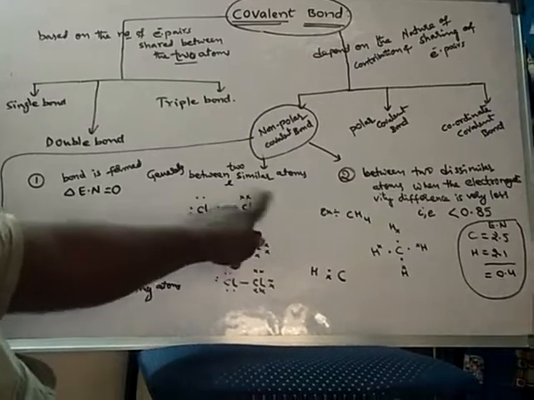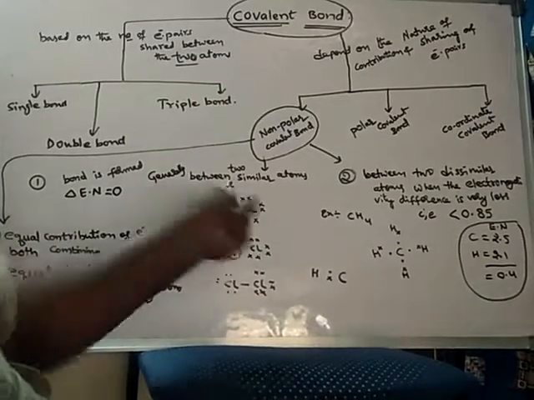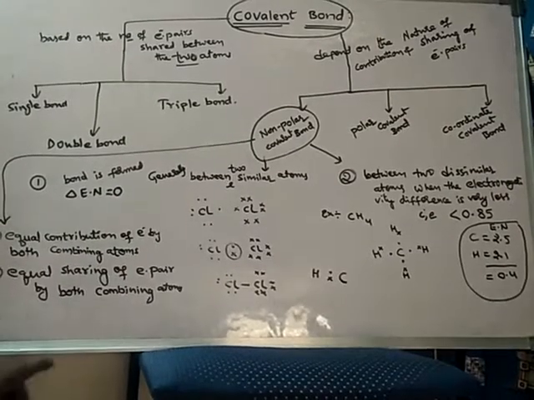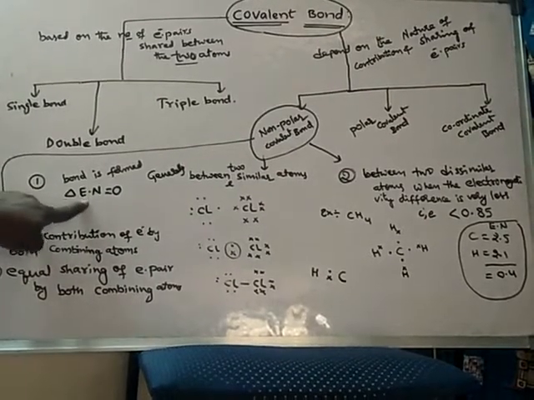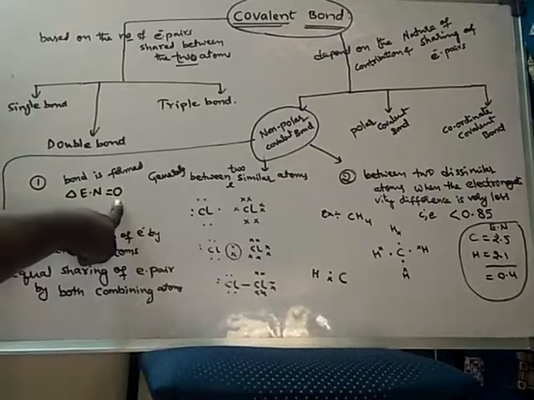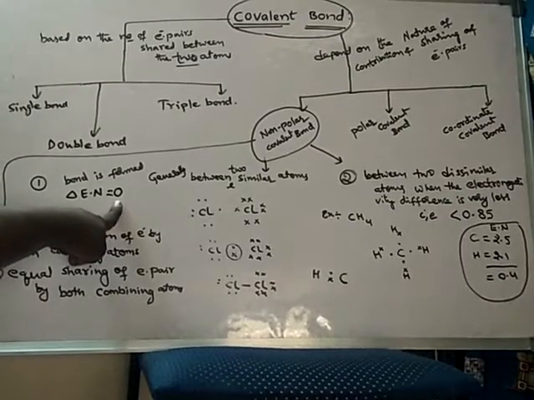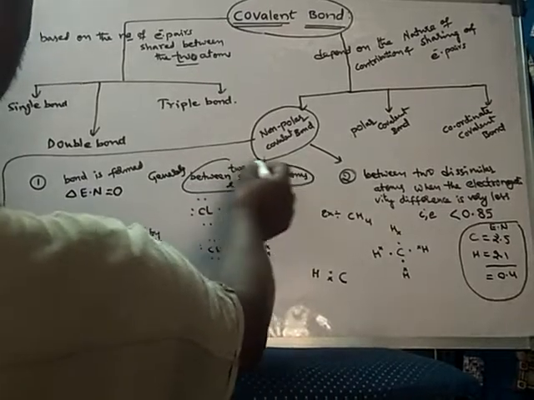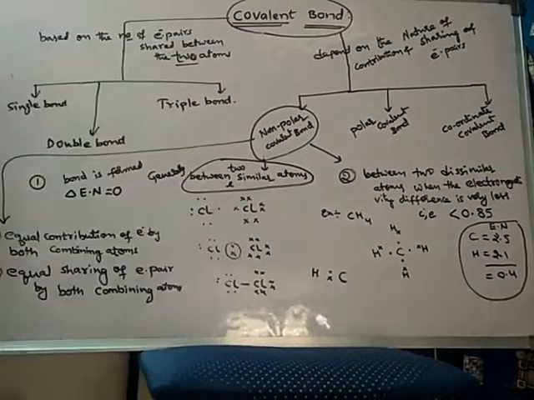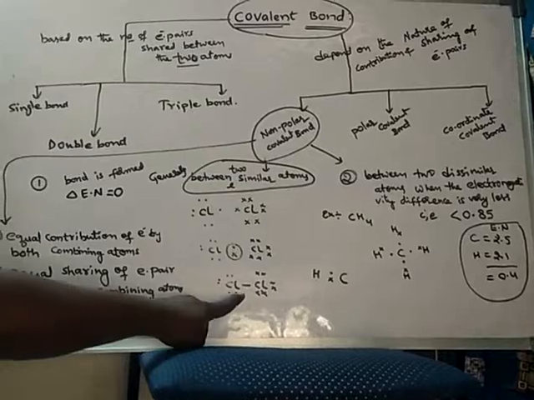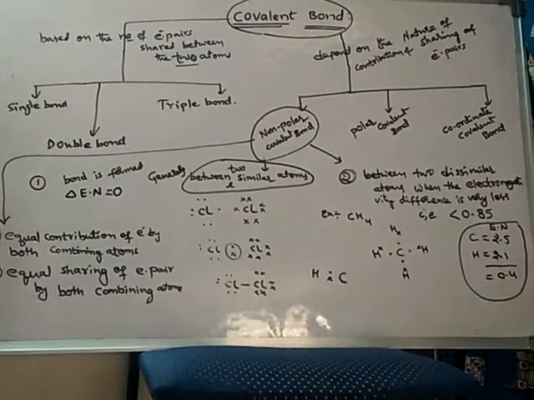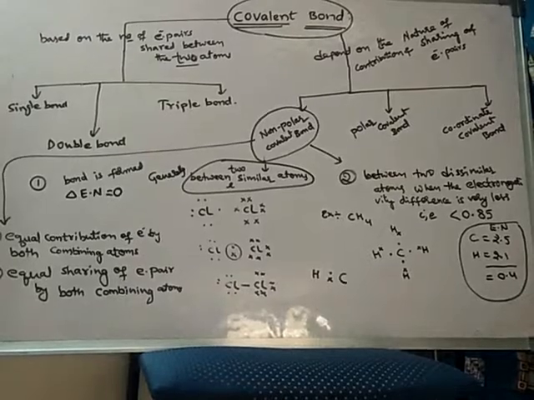So what is the difference between the electronegativities of these two chlorine atoms? 3.5 minus 3.5, so it will be 0. When two similar atoms combine and form a bond, the difference in the electronegativities will be 0.